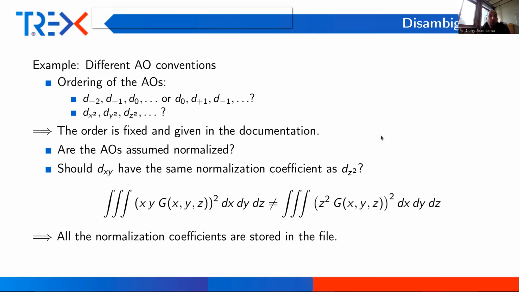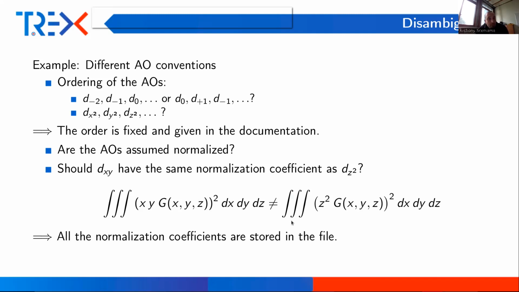Then there are questions like, are the atomic orbitals assumed normalized or not? Should dxy have the same normalization coefficient as dz squared? If you evaluate the self-overlap of dxy with a Gaussian, and also the self-overlap of dz squared with a Gaussian, you will not get the same number.